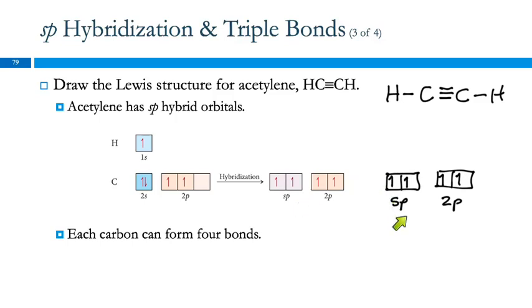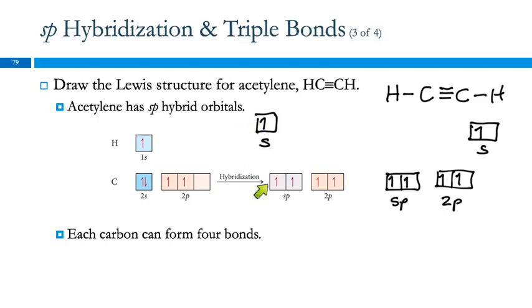So here's one carbon, here's another carbon. The sp hybrid orbital can overlap. I'm going to bring the hydrogens over here. This is hydrogen, and this is hydrogen. So we can get an overlap between the hybrid orbital, oops, I did that wrong. I meant to have it over here.